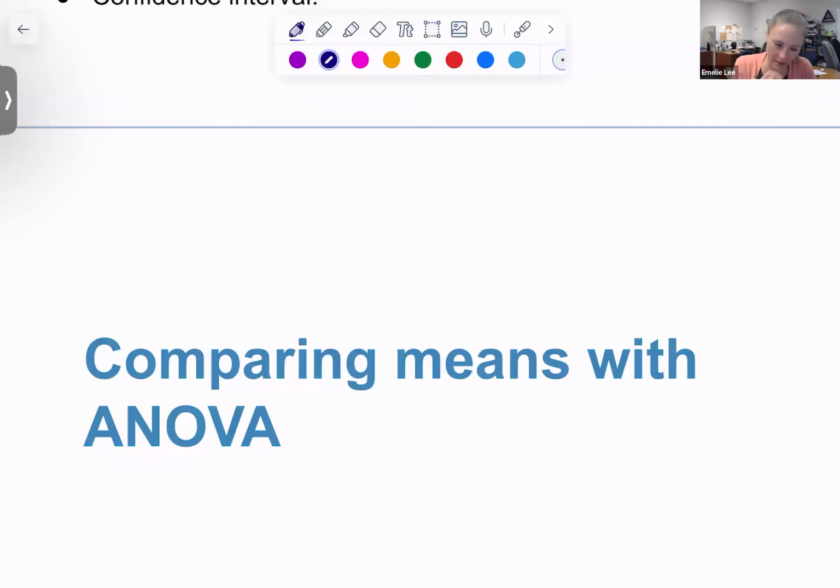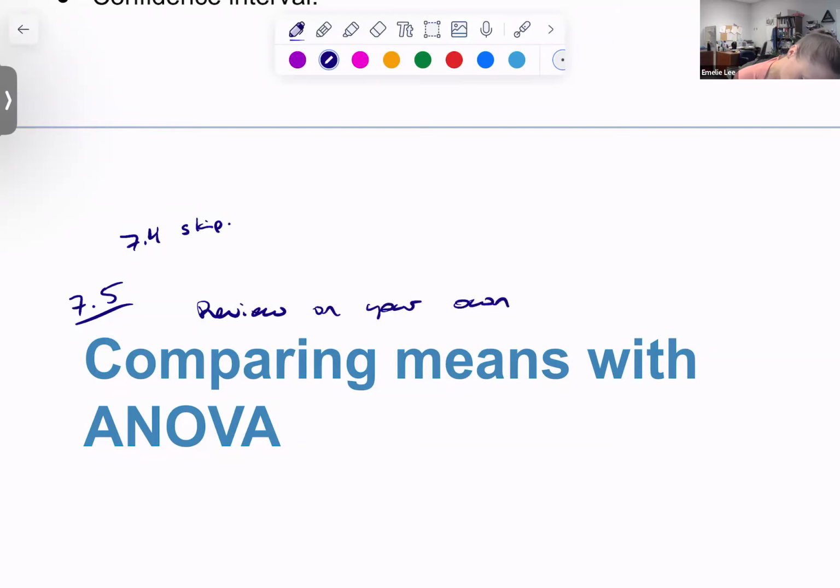So 7.5, we're actually skipping 7.4. 7.4 we skip completely. We're skipping 7.5 as well. And so review on your own, which means it'll be a bonus assignment.